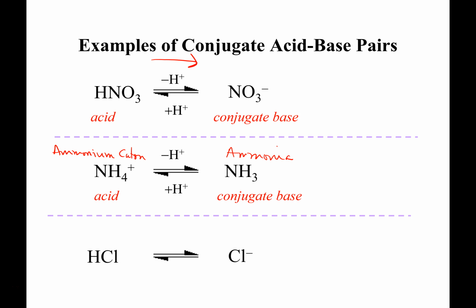Ammonium is acting as the proton donor, an acid, and its conjugate base, differing by a proton, is ammonia. HCl is another strong acid. But in the context of differing by a proton and conjugate acid-base pairs, the HCl is the acid and the chloride ion is its conjugate base.